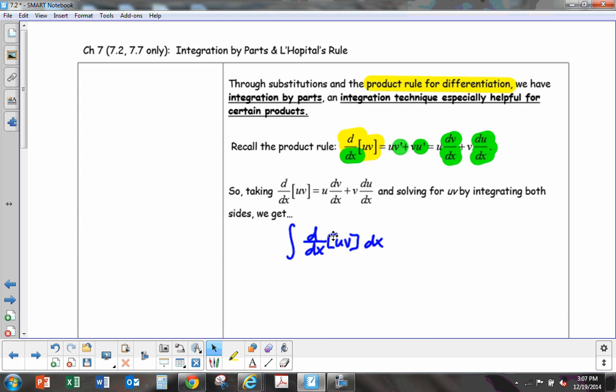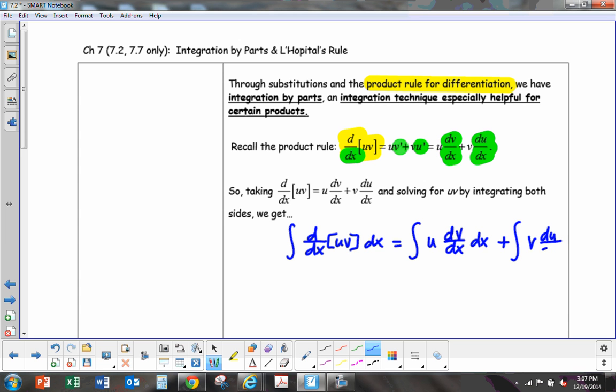Get rid of this extra little piece. Then that equals, and I'm going to integrate on the right side a piece at a time, the u dv dx, with respect to x, so I'm going to put dx there, plus the integral of v du dx, again with respect to x, so I'm going to put the dx there.